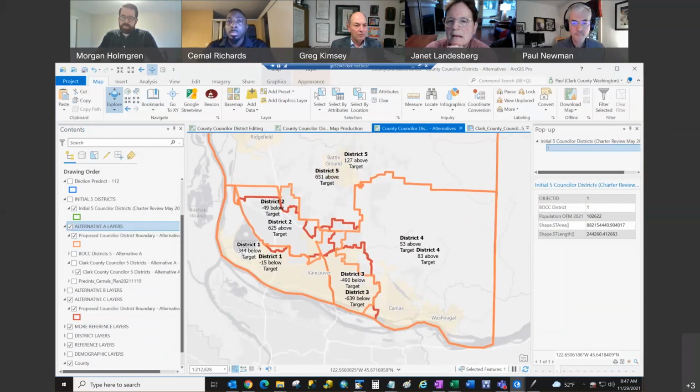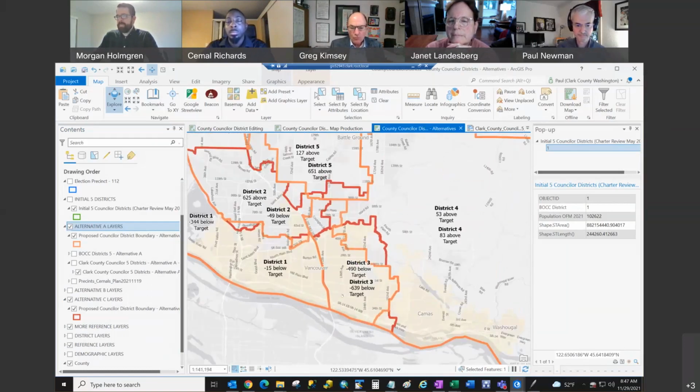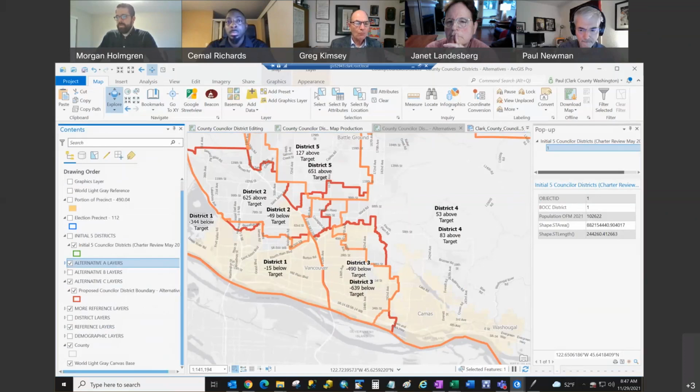Yeah, and I can even follow up with a little more detail. At the end of the last meeting, I asked Paul if he'd be open to some tweaks. I attempted to do some tweaks to try to include all of Vancouver in these maps and couldn't get to a situation where the population was as balanced as any of the three maps that we have without making pretty significant changes that didn't feel warranted.